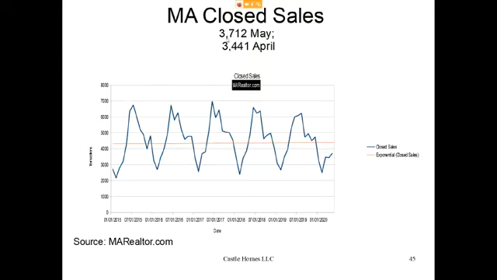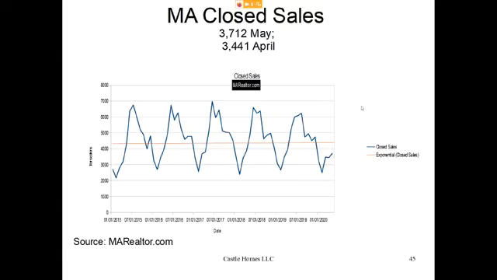Okay, so closed sales, 3,712 in May, 3,441 in April. Just one thing to note, every spring, summer, we have a nice ramp up of sales. And then here came COVID and it went sideways, and now we're starting to go back up.